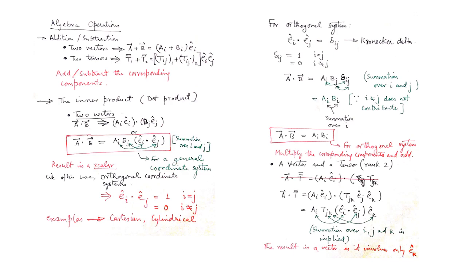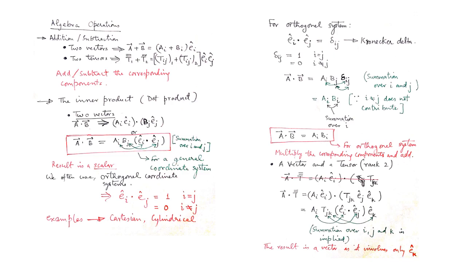Notice again that since I have used up the index i, I have to write the tensor using some other indices. So I am using j and k: tjk ej ek. This is from the general representation we have seen earlier.